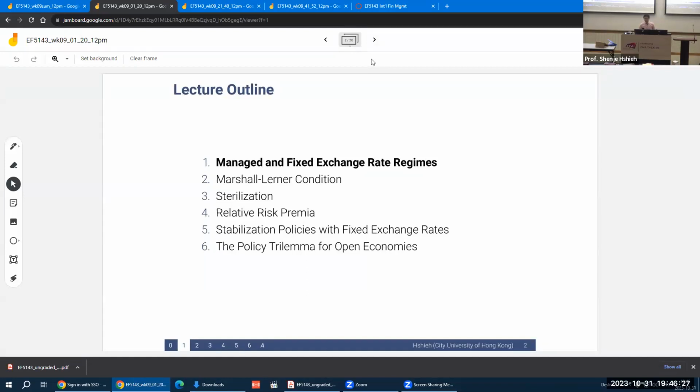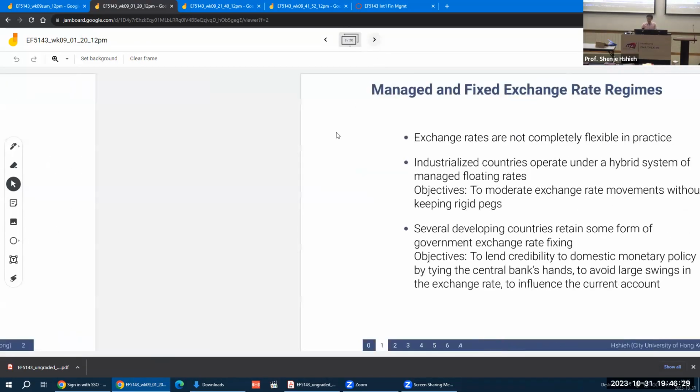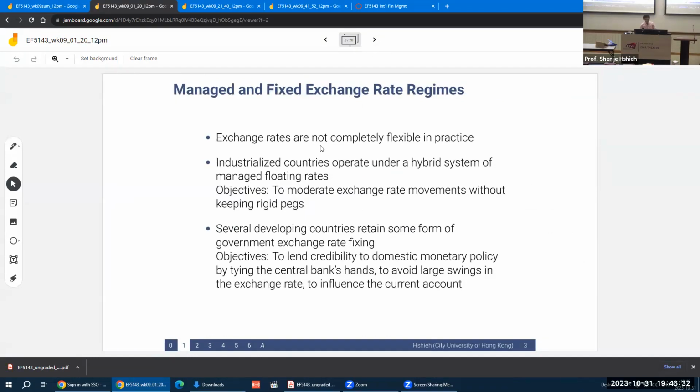So let's talk about managed and fixed exchange rate regimes. Last week we assumed that all economies in the world and all trading partners that we think about when we do the type of analysis we did last week adopted an unmanaged exchange rate policy, which means they don't specifically intervene in the FX market to give guidance on how the exchange rate should move over time.